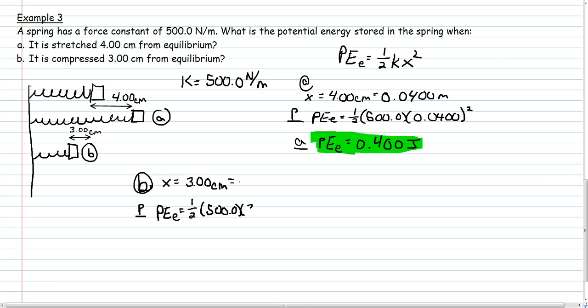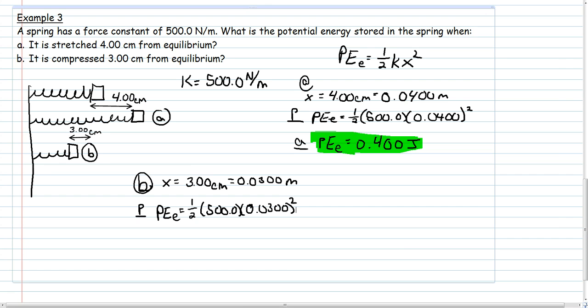instead of 3 centimeters, I need to once again divide that by 100. So 0.0300 meters. Oh, one too many zeros there. So let's put that in here like that. 0.0300 meters squared.